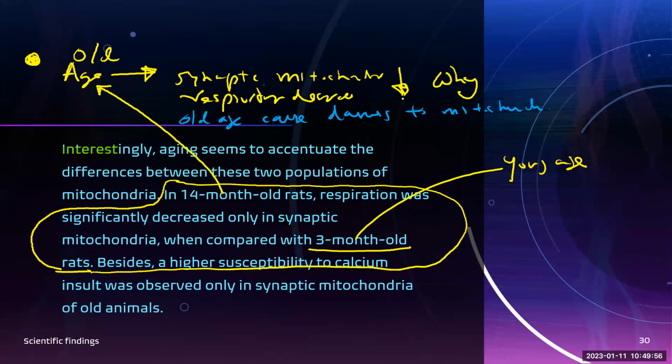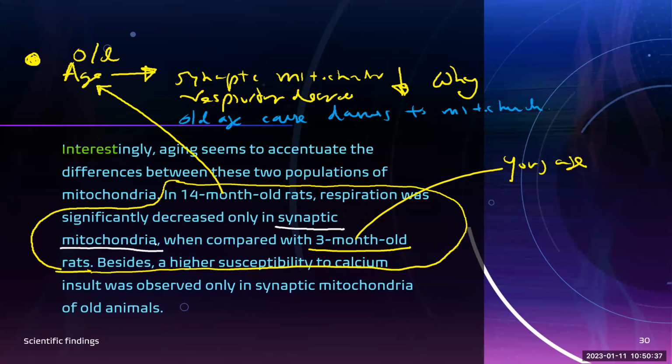So they use old and young: 14 months and 3 months. 3 months is a young age and 14 months is old age. Assuming that the old rats have more free radical formation and neuronal damage, they found respiration was significantly decreased only in synaptic mitochondria when compared with 3 months old rats. I think this also gives an idea: synaptic mitochondria are more susceptible to oxidative damage.